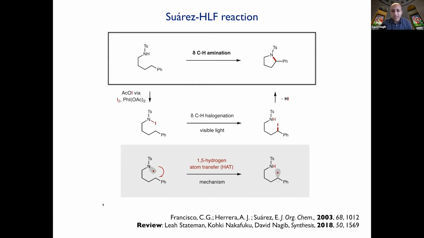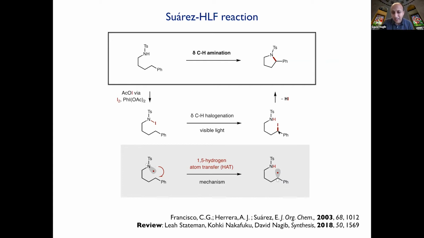But what you'll find nowadays is if someone wants to do this HLF transformation of a delta CH bond, you're more likely to use the Suarez variant that uses these hypoiodites that are formed in situ from iodine and hypervalent iodine. And then these nicely can form a weak N-I bond that can be broken by visible light.